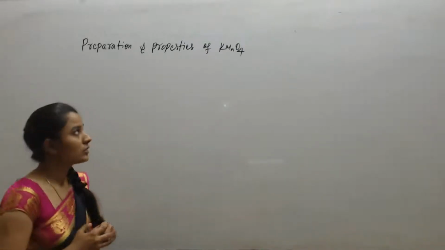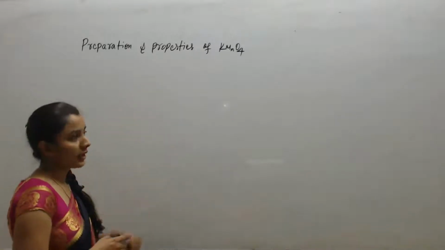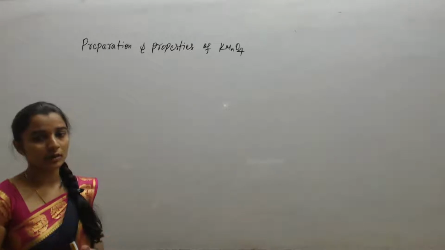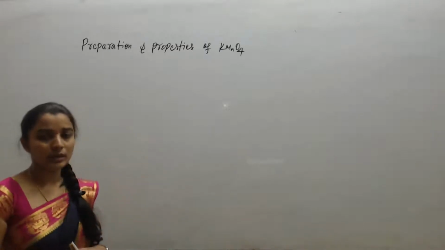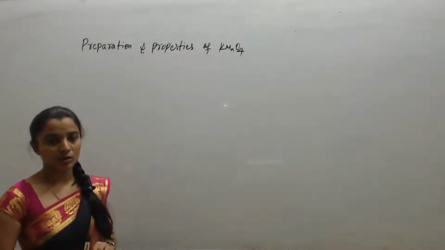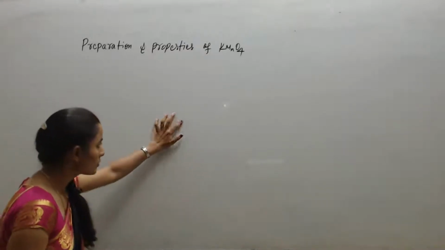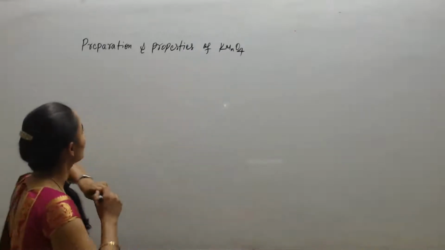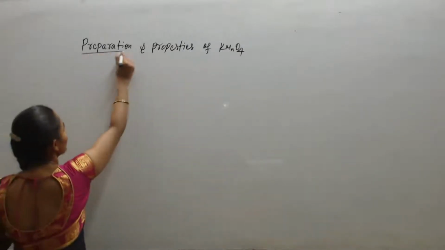Okay, students, in that preparation, many types are there. Laboratory method, commercial method, that is industrial method, and the common industrial method. Okay, we'll discuss one by one. So first is the preparation and the properties of KMnO4. In that we will study preparation first.